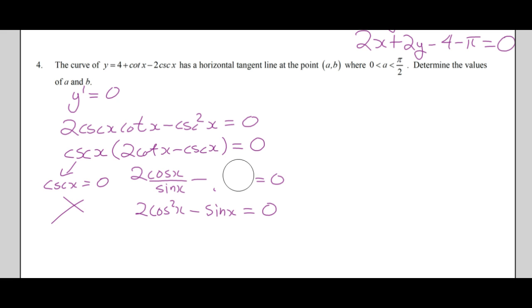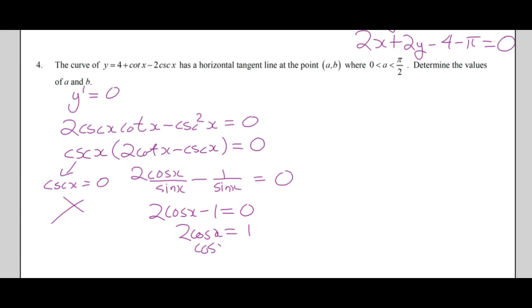Cosecant is 1 over sine, not 1 over cos. Okay, better. Multiply through by sine x. We get 2 cos x minus 1 is 0. 2 cos x is 1. Cos x is 1/2. And we're only looking from 0 to pi over 2.